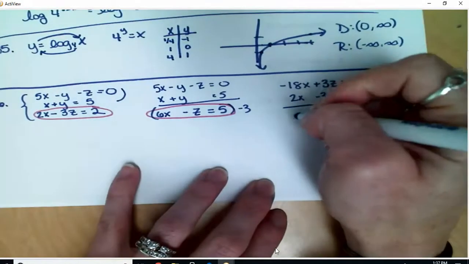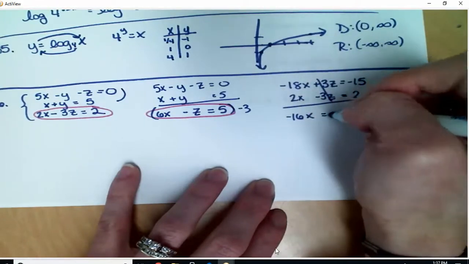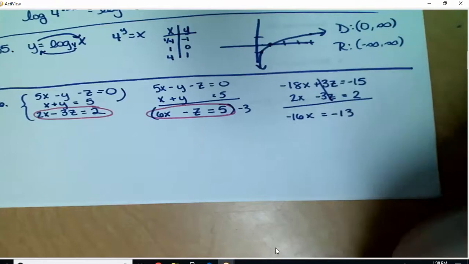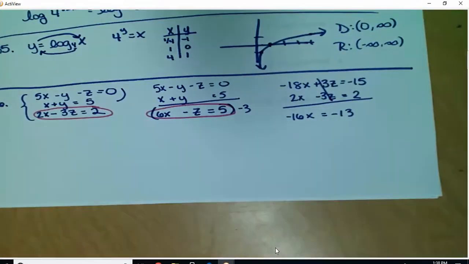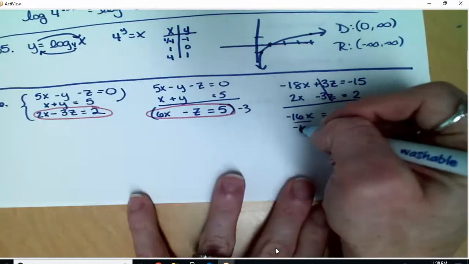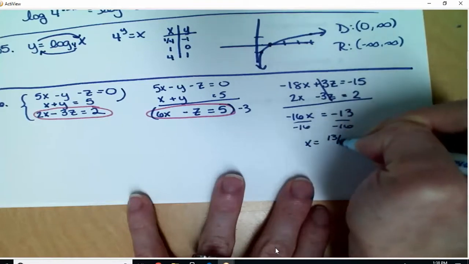So negative 18 and positive 2 is negative 16x. These cancel. Equals a negative 13. So then we divide. Definitely not going to work out to be nice and pretty, is it? Divide by negative 16, and x is 13 over 16.